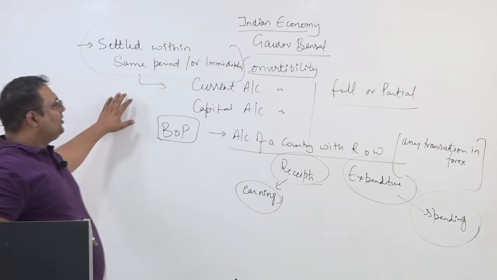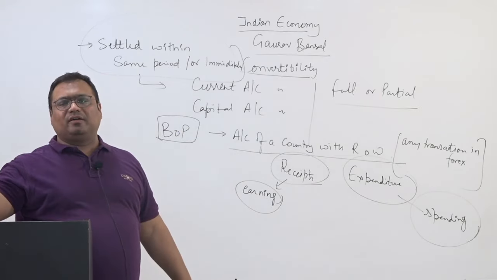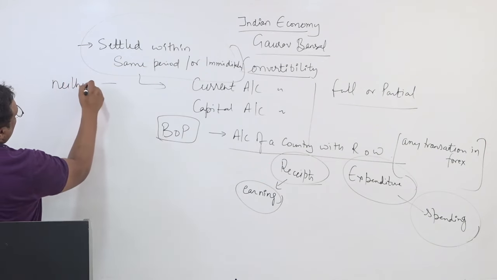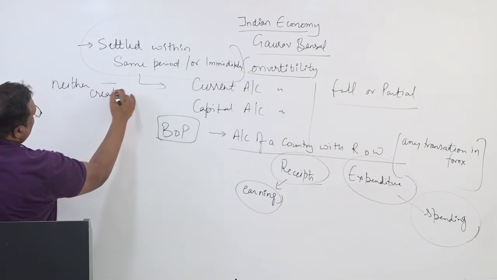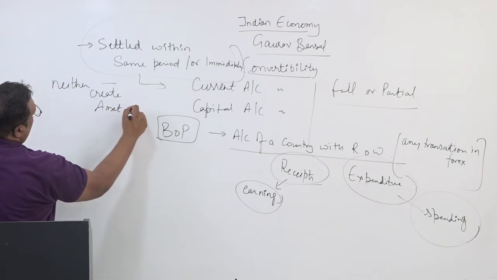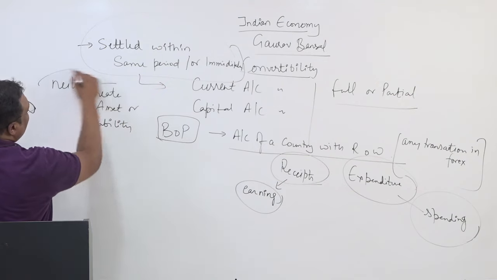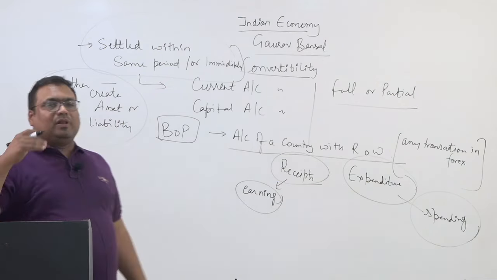So current account transactions are those which neither create assets or liability. So asset or liability is when, let us say, you receive a loan from abroad.